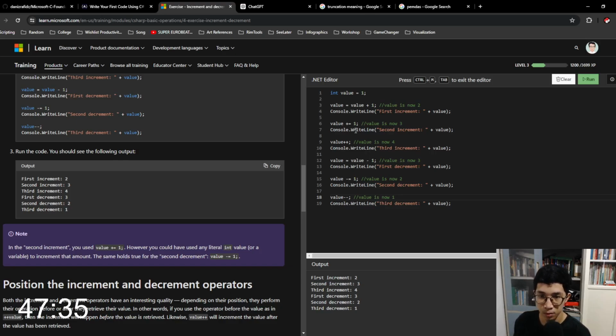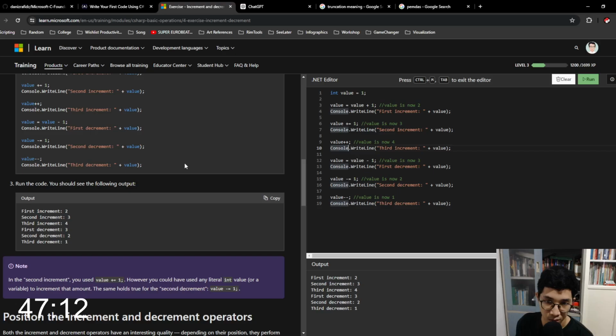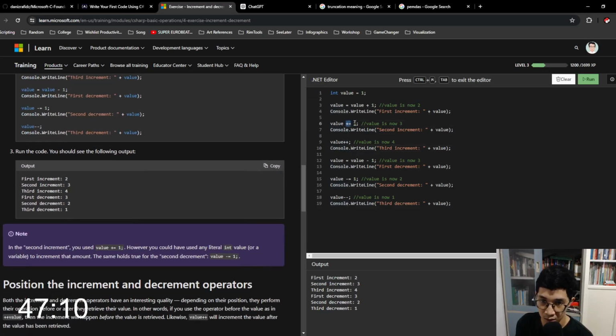So addition assignment 1 is the same as plus plus, because this is 1. Increment is always increment by 1. Unless you change this value to other than 1, it will not be the same as the increment of plus plus.